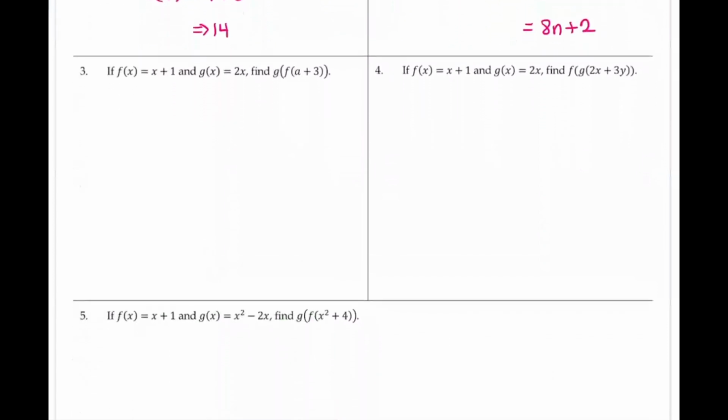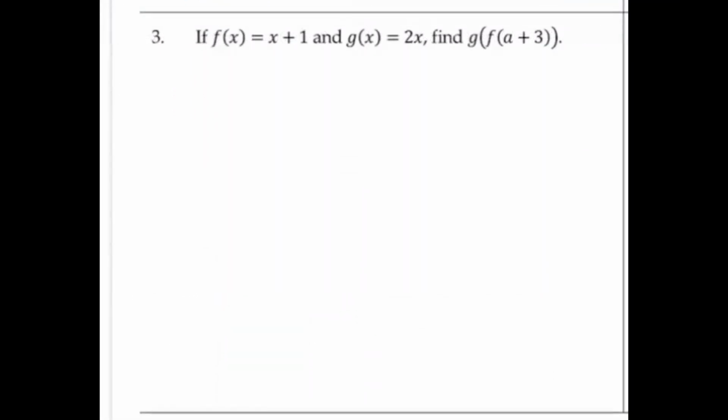Let's look at number 3 and number 4. We have if f of x is equal to x plus 1 and g of x is equal to 2x, find g composed of f of input a plus 3. So we are going to start with the innermost function, which is my f function. Take this input and input it into the f function.